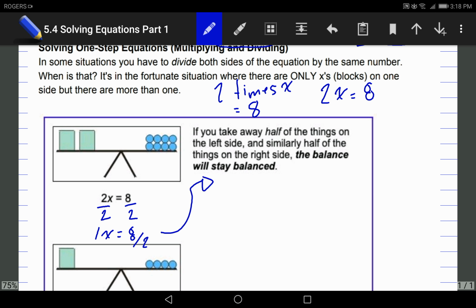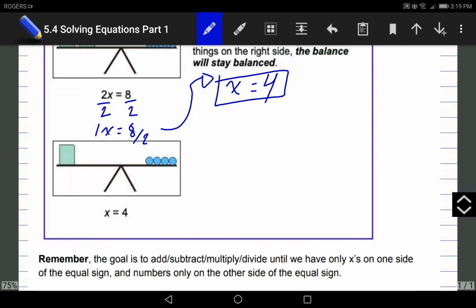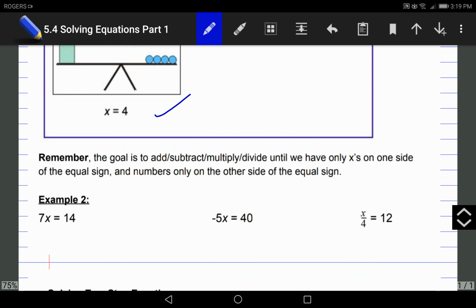Well, from the last few lessons, we know that 1x is just x equals 4. 8 divided by 2 is 4. So we've done addition and subtraction equations. Now we're doing multiplying and dividing equations. Okay? And there's our answer of 4, which we got above. Let's try some questions.